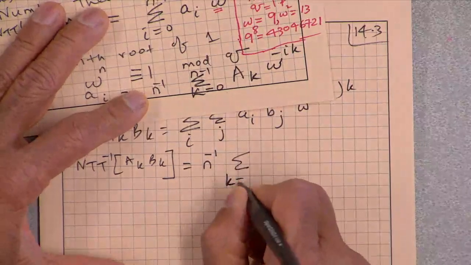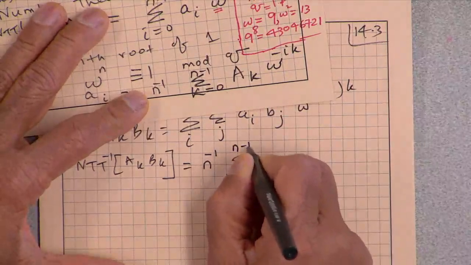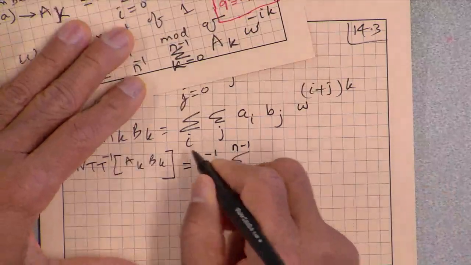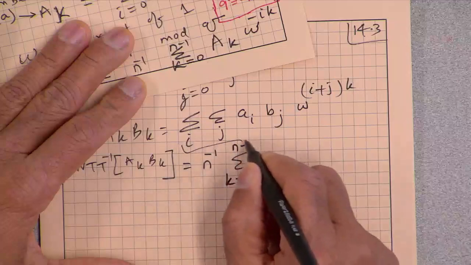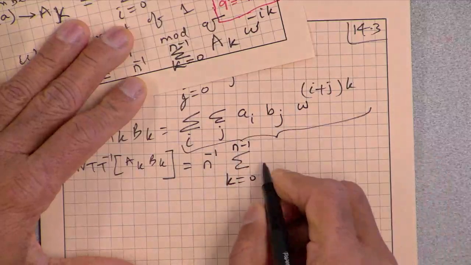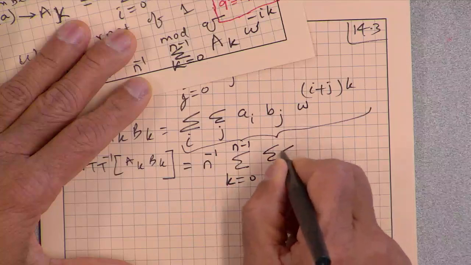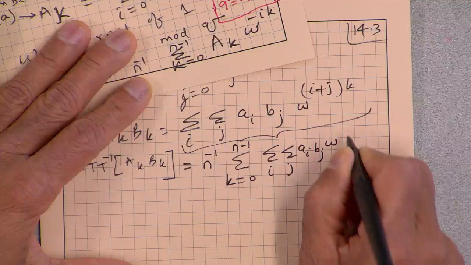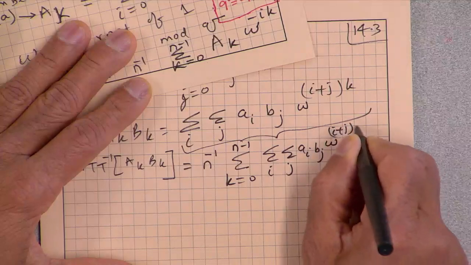So it is k equal to 0 to n minus 1 of AK BK, which is this double sum. So that's summed over i, summed over j, a_i b_j omega to the power (i plus j) times k.